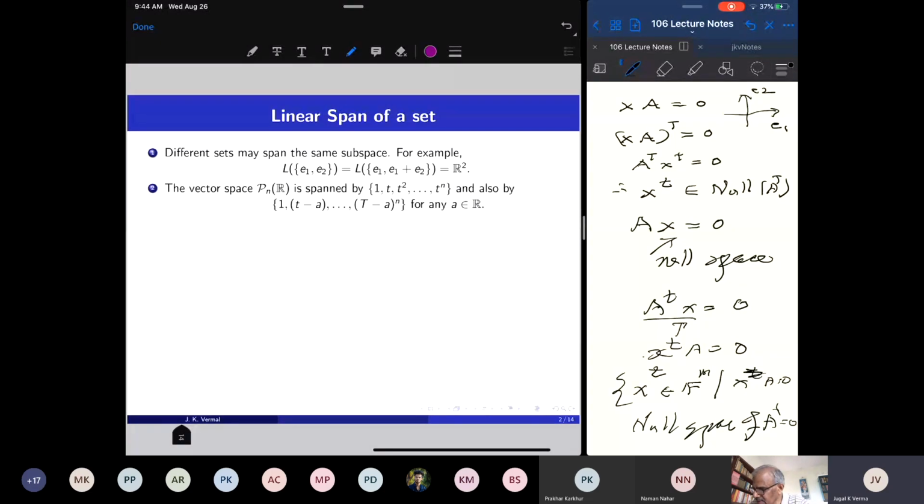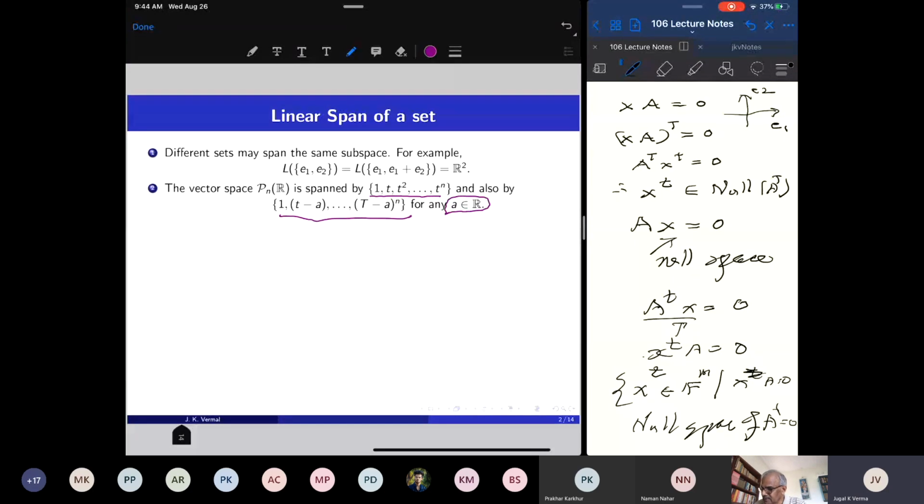The linear span of these n plus 1 polynomials is the same as the linear span of the original n plus 1 polynomials. If I keep on changing a, I will see that P_n(R) is the linear span of infinitely many kinds of subsets of P_n(R).